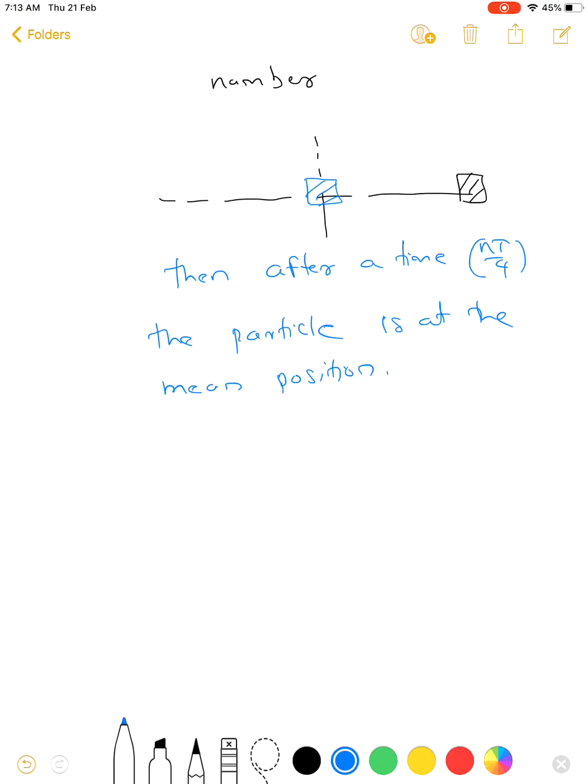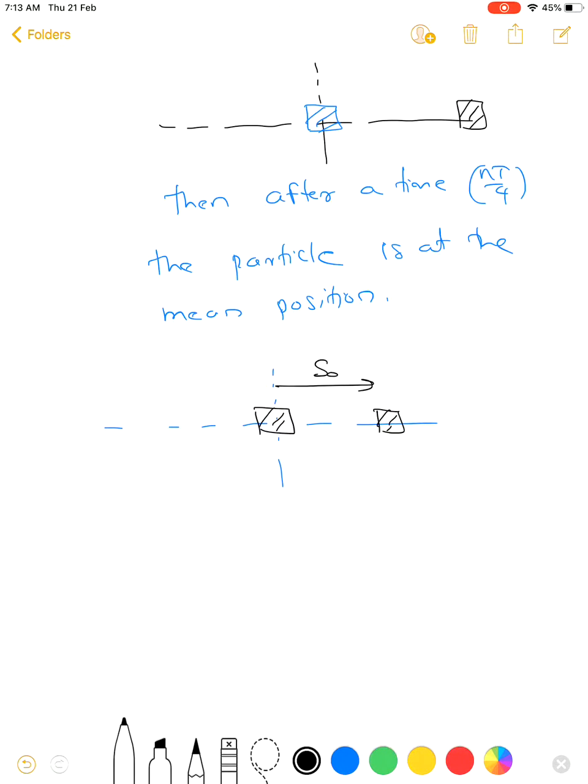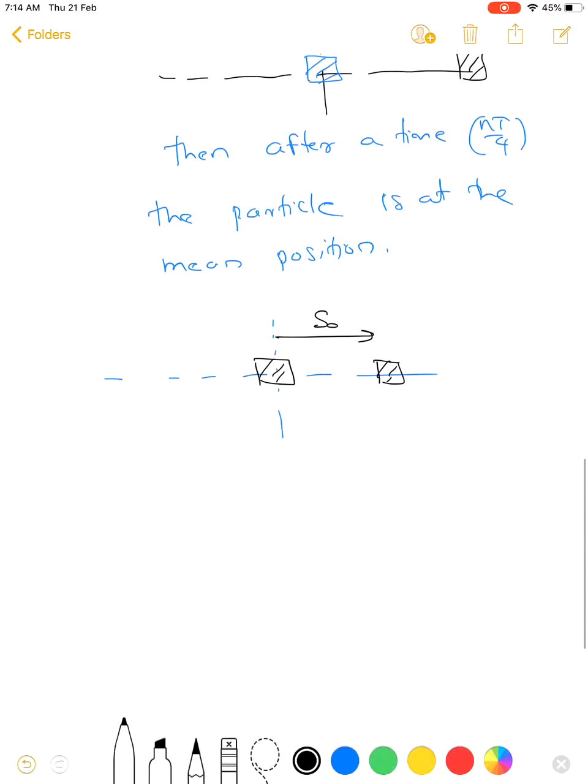So if the particle is at the mean position, and you are finding its displacement from the mean position, then according to the equation, in a time of t naught the particle travels a distance, take it as S naught. It basically represents the displacement only, according to the equation x is equal to a sin omega t.